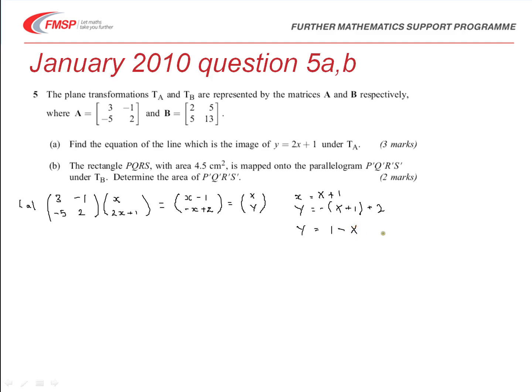So this is our image line. So the line y equals 2x plus 1 is mapped onto the line y equals 1 minus x.